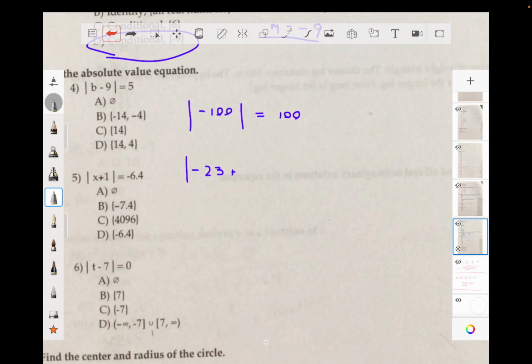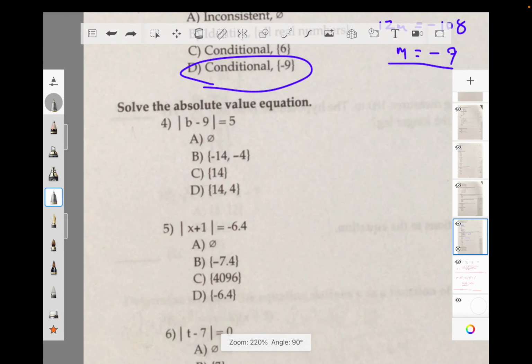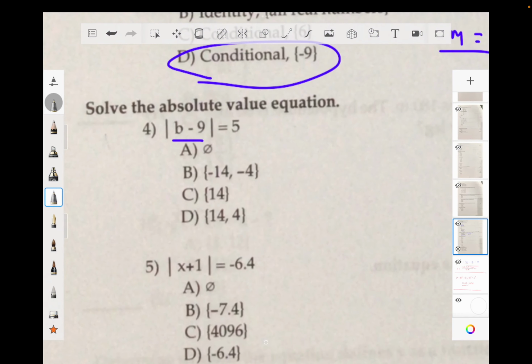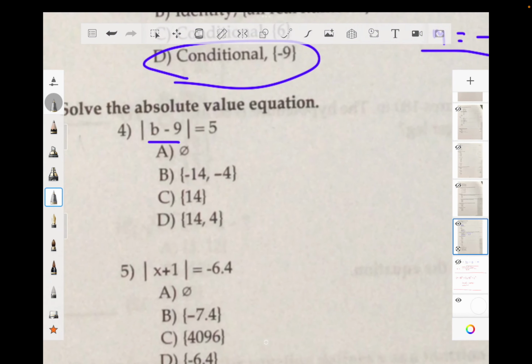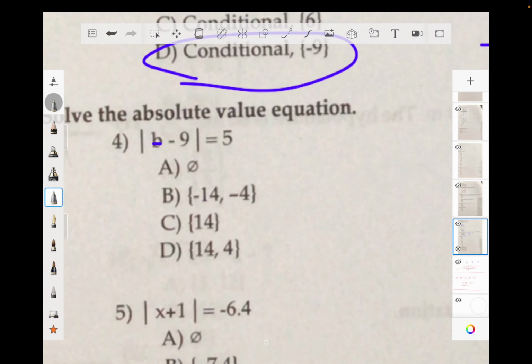So, that being said, anything I plug into here has to be negative 5 or positive 5. Because if I have a negative 5 in here, it just becomes 5. And if I have a positive 5 in here, that also just becomes 5.